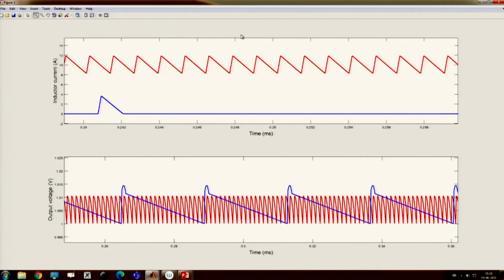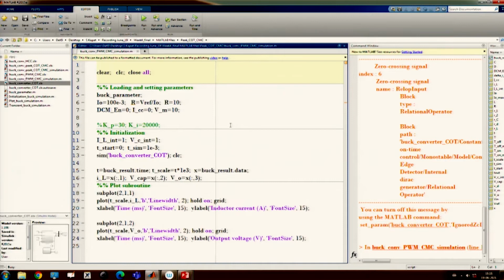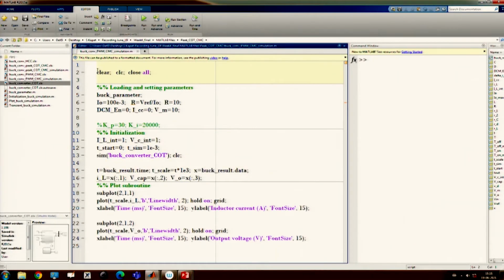Under continuous conduction mode, let us run it in CCM because we have enabled DCM. Let us continue in CCM. So the blue trace corresponds to 1 ohm, and the other one we want to do is 0.1, and that corresponds to the red trace.